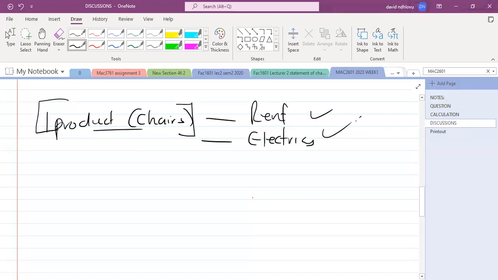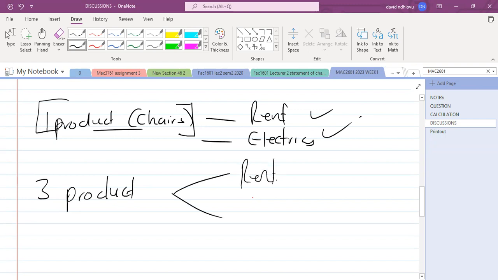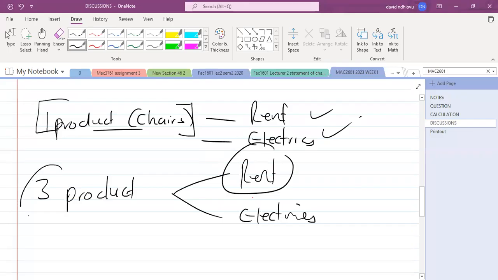But picture another scenario when we produce 3 products, but we then incur rent and electricity. Now it's a different story. The rent is attributable to 3 products. So does the electricity.